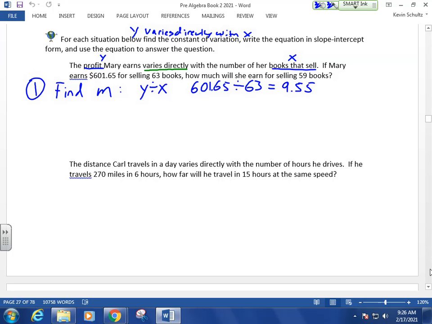And that matters because that's our slope, right? That's our m. So in step 2, when we write the equation, y equals mx is the equation of a direct variation. We just found m, so we've got y equals 9.55x.